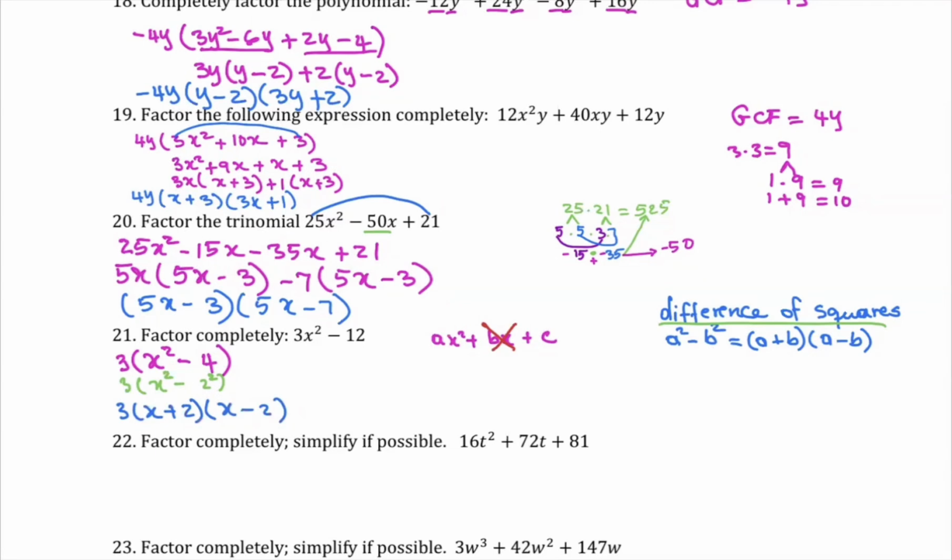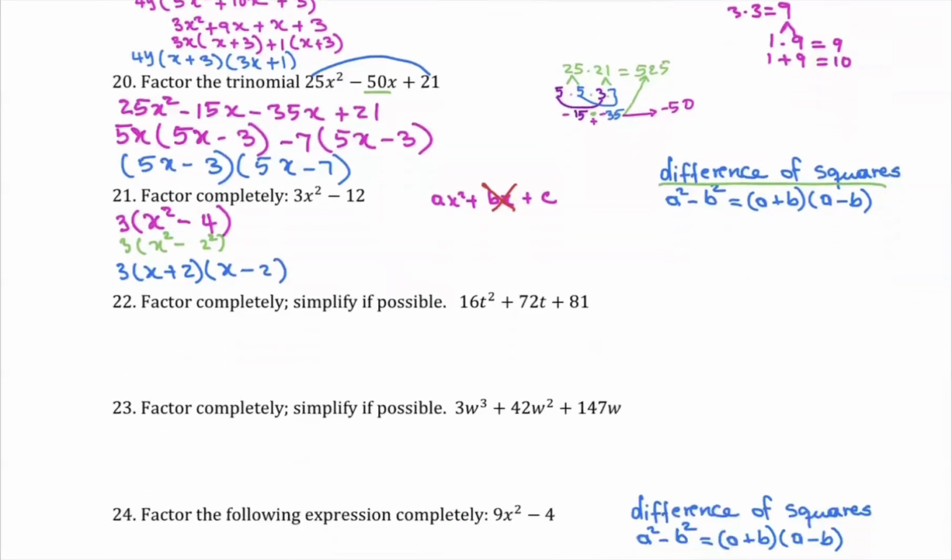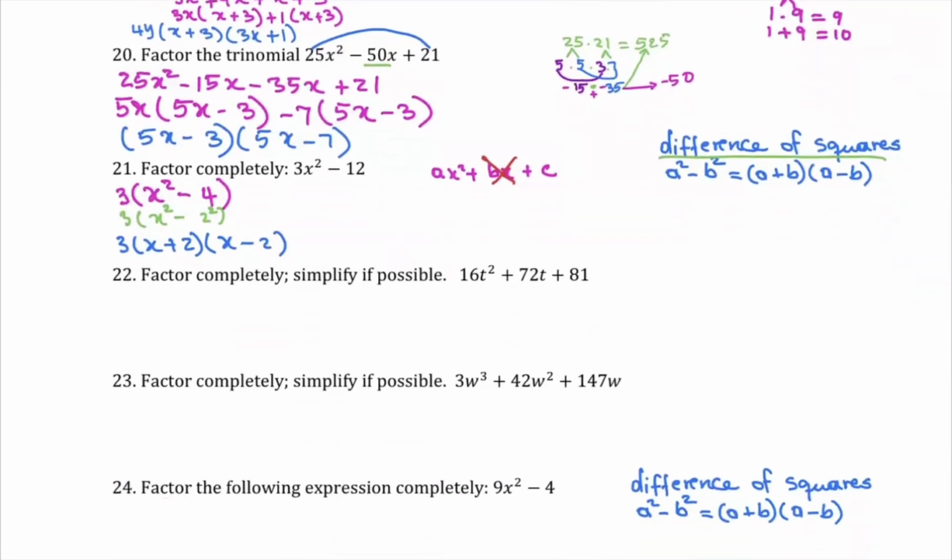Next example, 22. Let's see, we will multiply the coefficient of the quadratic term by the constant term. Here, what I have is 16 times 81. I'm going to play with it the same way I did with the big numbers.